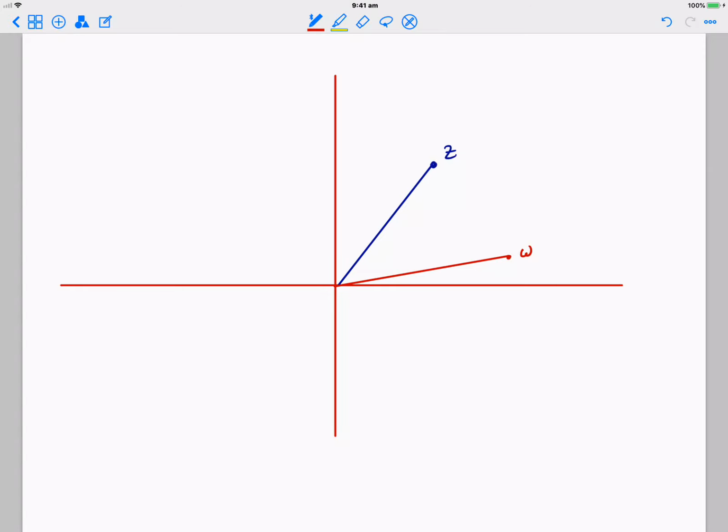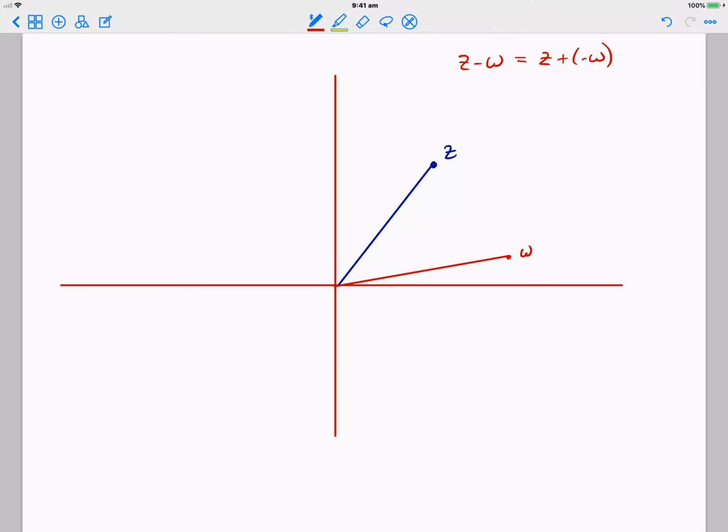Okay. Think about what it means to do z minus w, right? This is the same as saying z plus the negative of w.